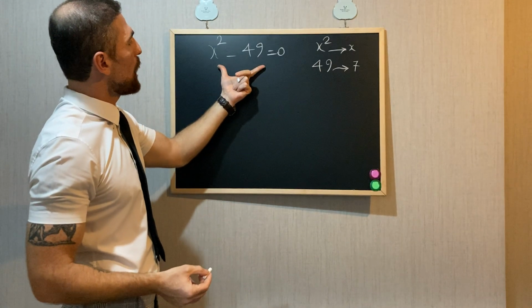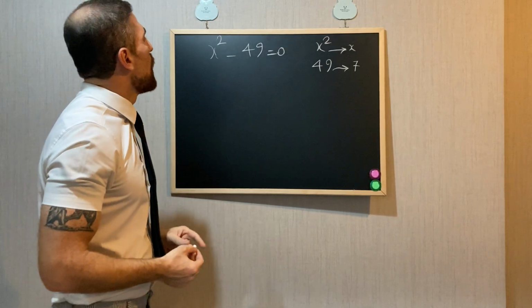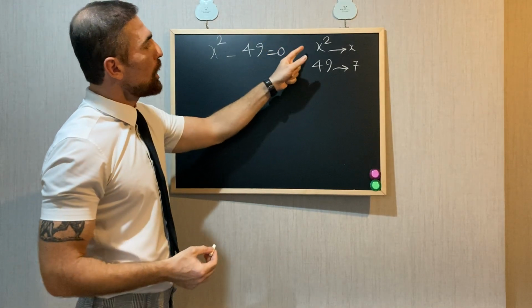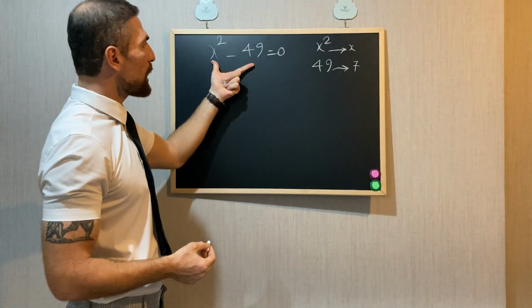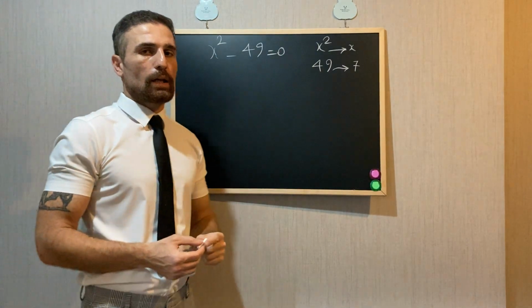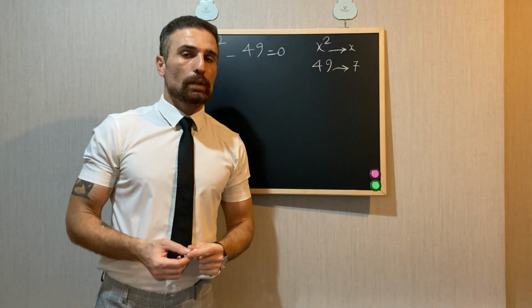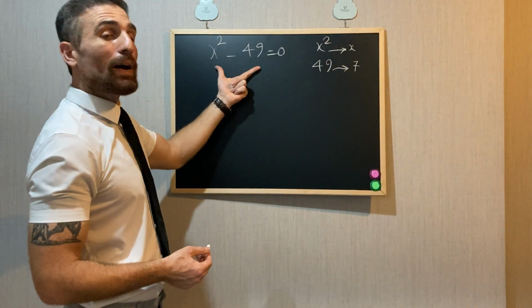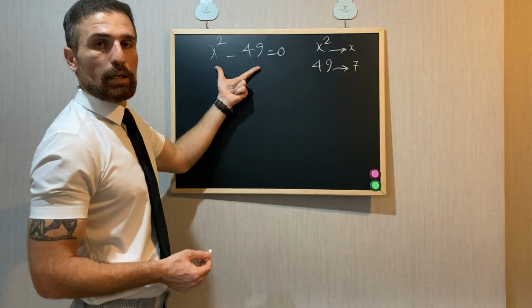Now tell me, how can we do it? Should we move 49 to the other side? Should we factor it, or can we use the quadratic formula? We are going to use factoring to solve this equation.